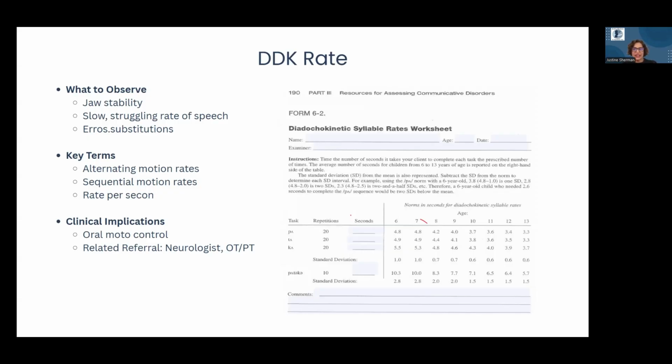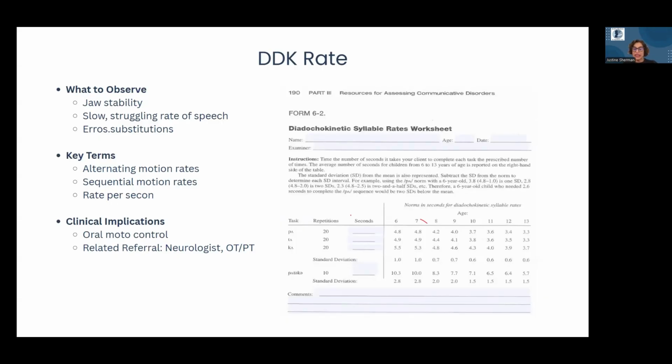So first we have single syllable tasks, or what they call alternating motion rate, AMR. So the client repeats each syllable quickly and accurately on one breath. So pa, ta, ka, pa, ta, ka. We're looking at bilabial control with the pa, the alveolar control with the ta, and the posterior control with the ka.